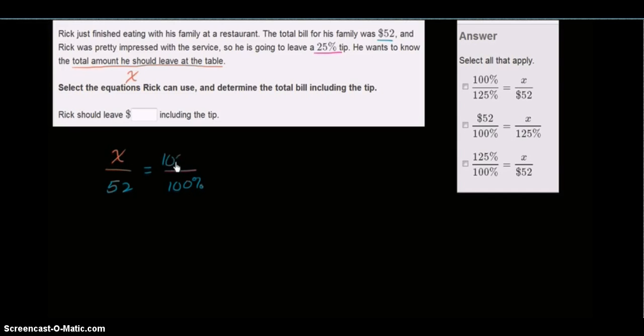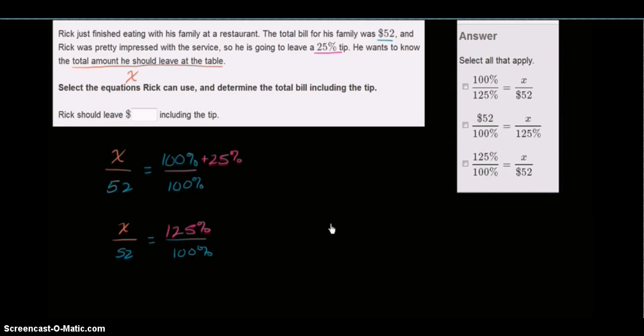He wants to pay 100% plus a 25% tip. So we could rewrite this as X over 52 is equal to 100% plus 25%. I could write that as 125% over 100%.